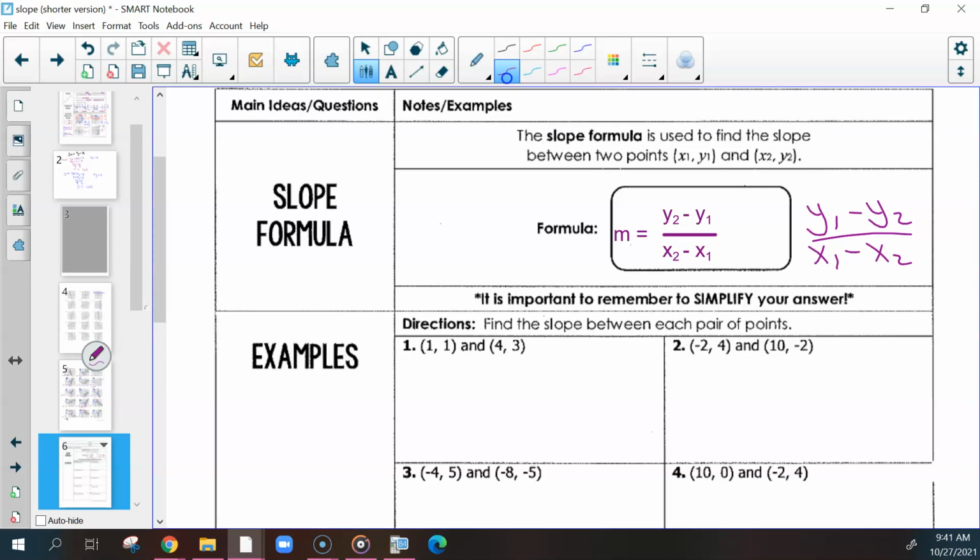Your x's have to stay in the denominator, y's in the numerator. You also cannot switch only one pair, like y1 and y2 but not x1 and x2, because you'll get a positive where it's supposed to be negative, or vice versa.